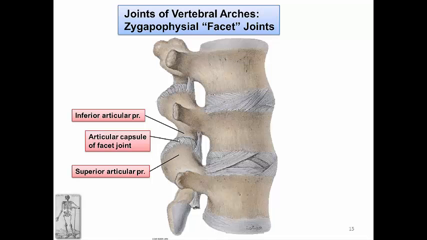As in most joints there is a joint capsule, and the orientation and the shape of these facets is going to be the determining factor in what kind of movement is permitted. Also noteworthy about these joints is that the transition from the thoracic to the lumbar region is actually quite abrupt. It occurs at the T12 vertebra.